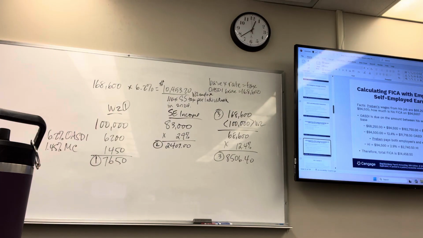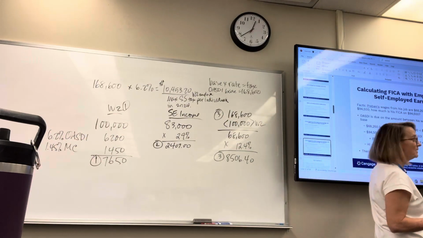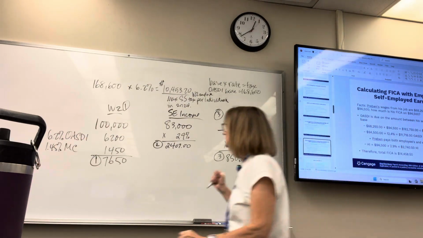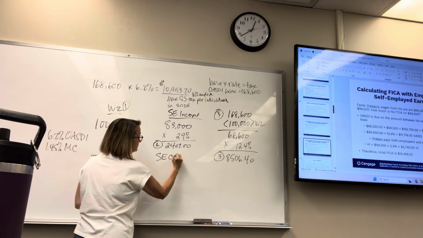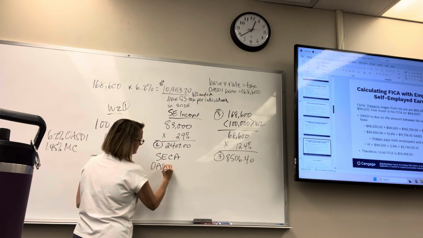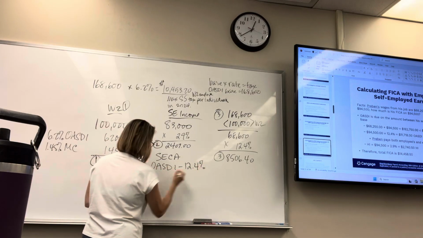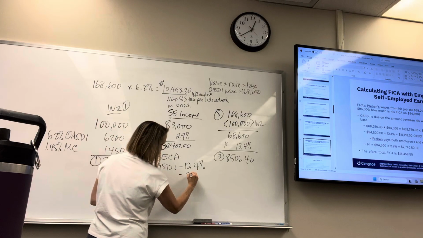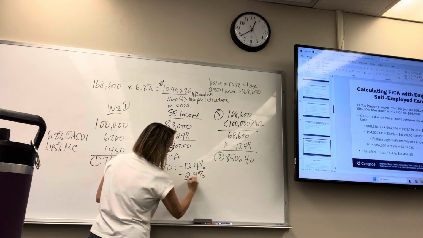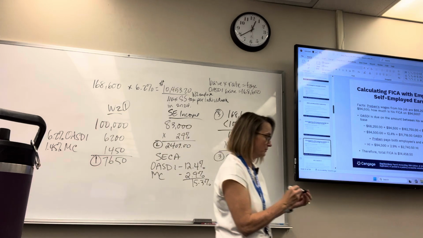So the 94,500 we're going to multiply by 12.4%. Remember, that's our SECA tax rate. So for SECA, just as a reminder, OASDI is 12.4% and Medicare is 2.9% for a total of 15.3%. They're paying both halves of that.